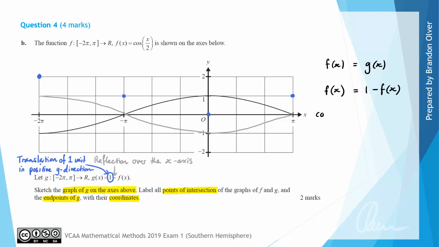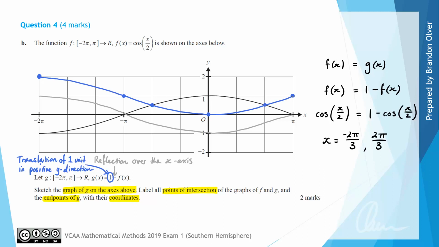And then f of x was just cos of x on 2, is equal to 1 minus cos of x on 2, which is the exact same equation as what we solved in part A, where we found x was equal to negative 2 pi on 3, and x was 2 pi on 3. So that tells us that the graph will also go through this point, because this grid line is minus 2 pi on 3, and this point here, which is positive 2 pi on 3. So we've now got a lot of points that this graph is going to go through, which will allow us to sketch it accurately. So the graph will look something like this.